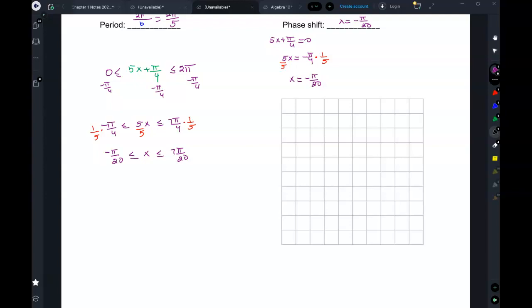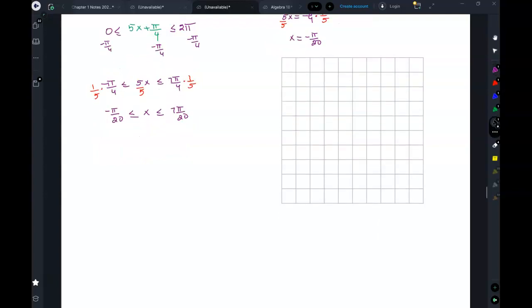Now look at what we're going to do here. I'm going to put negative pi over 20, 1, 2, 3, 4, and 7 pi over 20. Now I've got to find midpoints. This is more math to figure out the 5 points than to actually graph this complicated function. Here's the first midpoint.